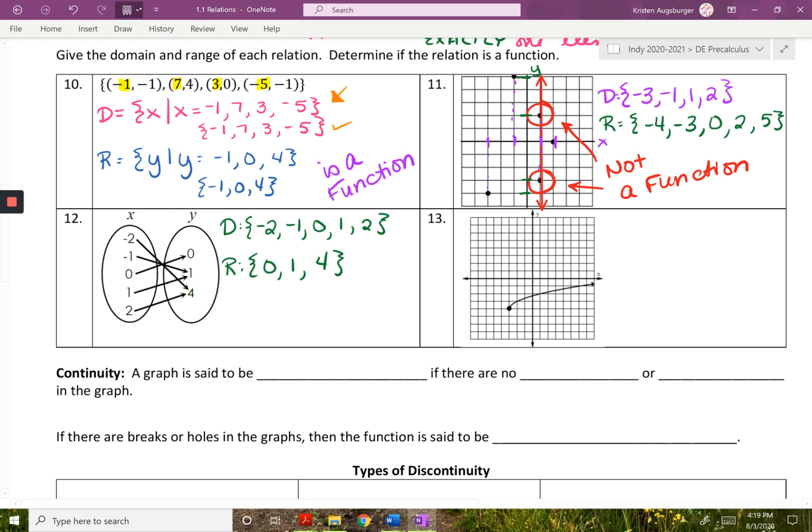Look, each one of my x values has just one line off of it, and every x value pairs with one y. So I just have one piece of it.